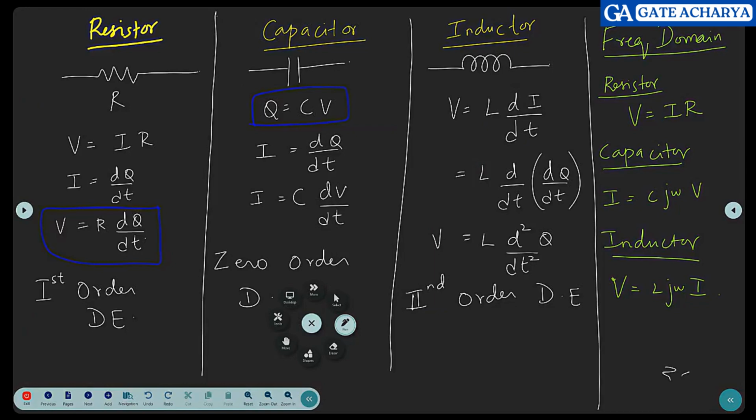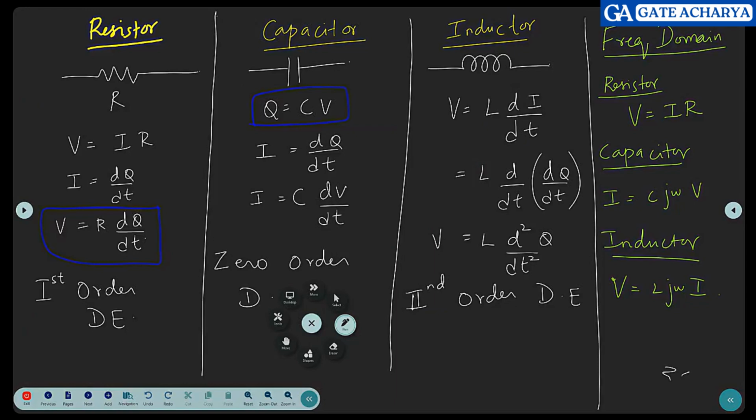First point to note: I say the resistor is a first order differential equation not based on the V and I relation, but because of the V and Q relation. Next, I pushed the time domain equations into frequency domain, and now I'm not interested in Q at all.